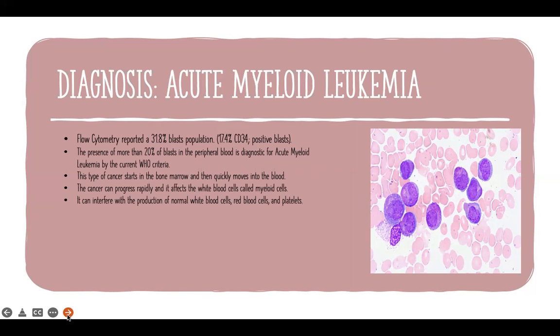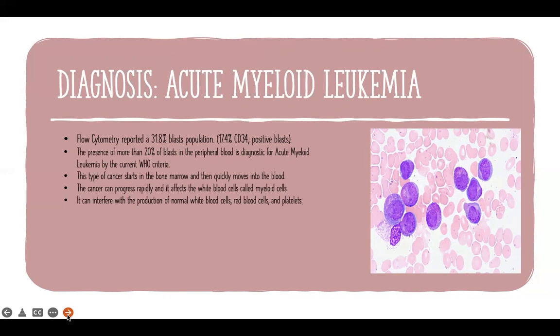In the flow report, it says that the presence of more than 20% of blasts in the peripheral blood is diagnostic for acute myeloid leukemia. And that was determined by the criteria of WHO, which is the World Health Organization.